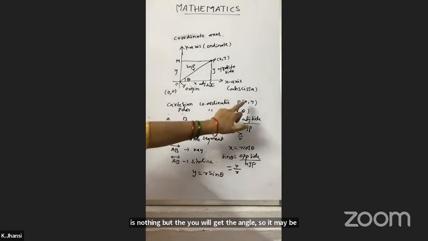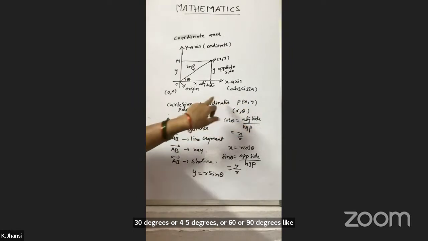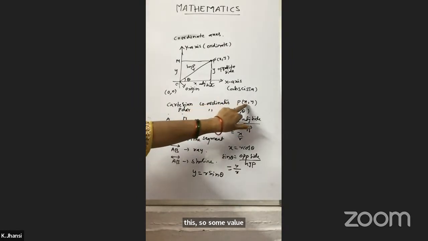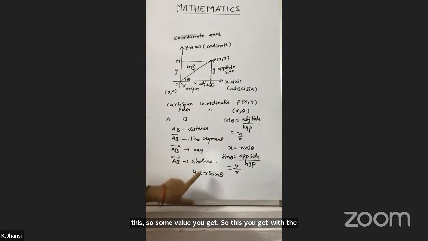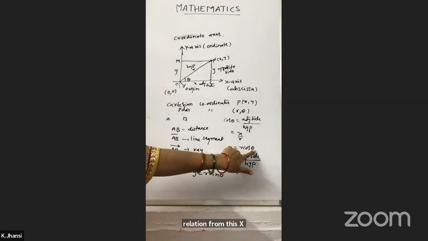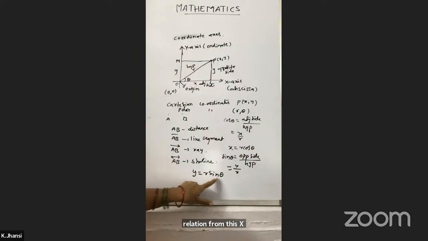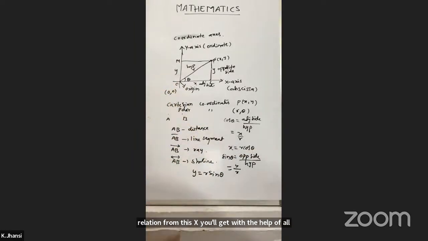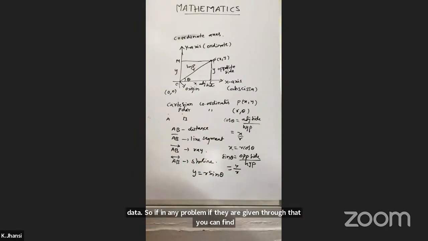Whatever Cartesian coordinates are there, with x and y values, from these relations x equals r cos theta and y equals r sin theta, if they are given in any problem, you can find r comma theta. Okay, that problem you will mostly get for a 10 marks question.